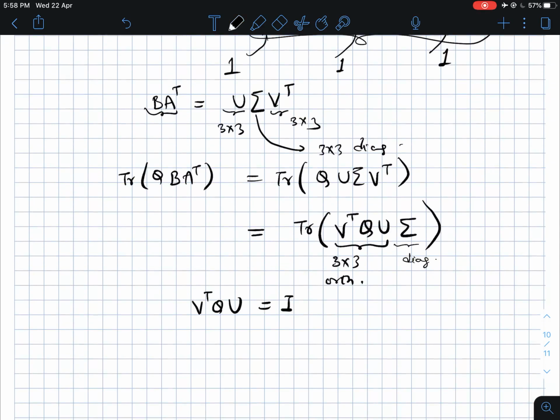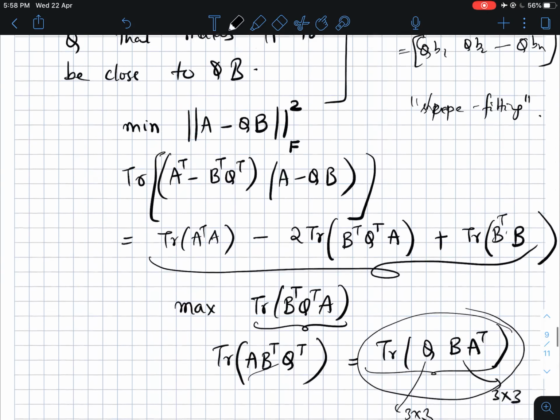So here the maximum is obtained when V transpose QU is equal to identity, or in other words, I need to make Q equal to V U transpose. You get that by pre-multiplying with V and post-multiplying with U transpose. So this is the correct choice of Q.